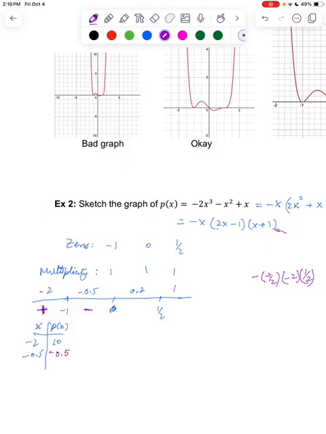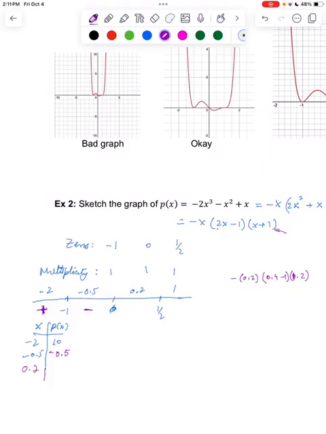And then at negative 0.2, positive 0.2, negative 0.2, which is, by the way, 1/5, times 2 into 0.2 is 0.4 minus 1, and 0.2 plus 1 is 1.2.